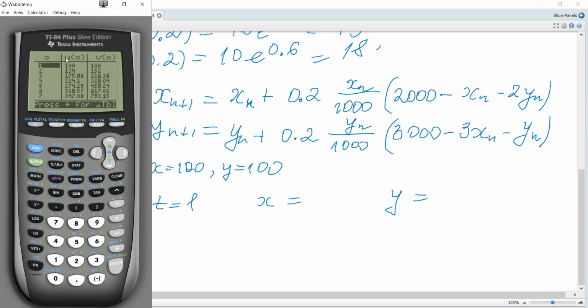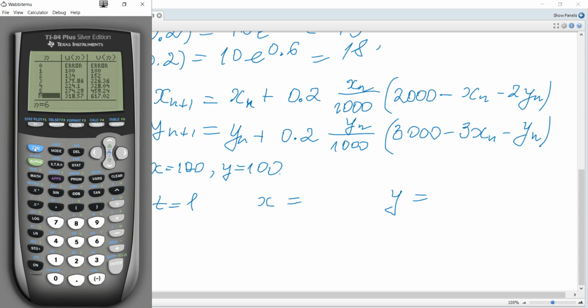It is chosen x and y, and it's easy to deduce that the first point, when t is 0, is 0.2, 4, 6, 8 and 1.